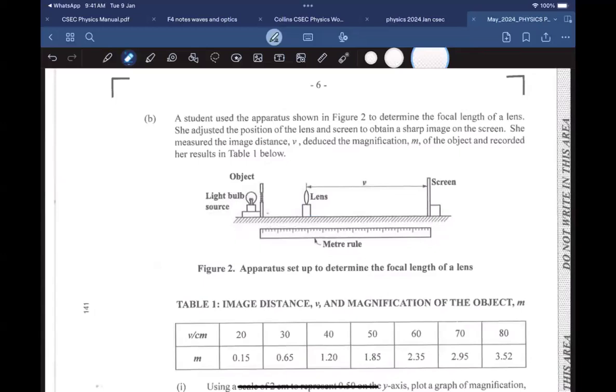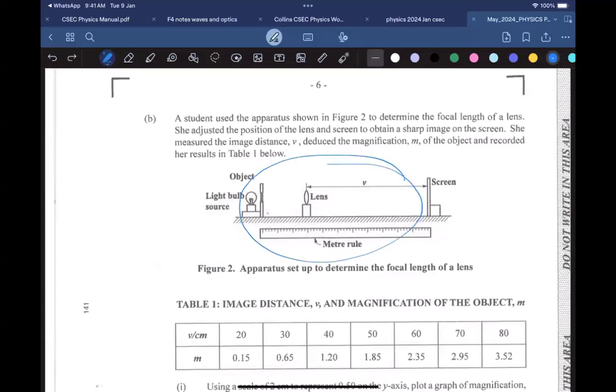But the only problem is the image will be upside down, because anytime you use a convergent lens, the image is always laterally inverted. So you're going to have to change the orientation of your phone. But it's real cool, like a low budget projector. I will send out a video on how to do it.